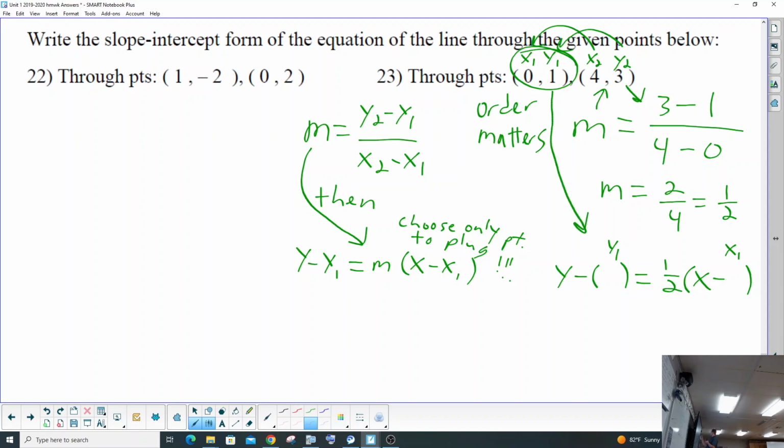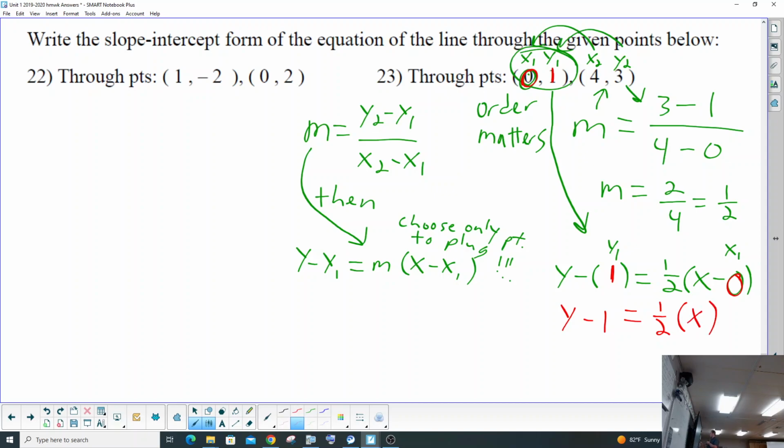Okay, so x1, where's x1? x1 is a 0. So that means we're going to put a 0 there. Should we color code it for you? Here's your 0, so that goes there. And then here's our y1, which goes here. And so now we're left with y minus 1 is equal to the slope times x minus 0, the 0 goes away, we're just left with x.